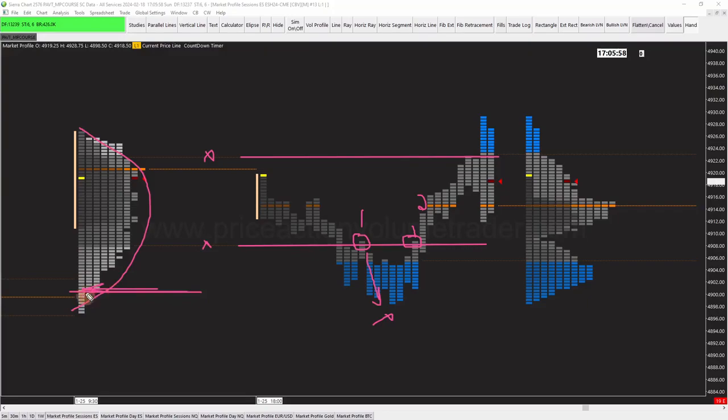So we have this low volume node area of protection, or you can put it below this impulse candle that broke back inside of value, and then we will be targeting the top value area right over here.